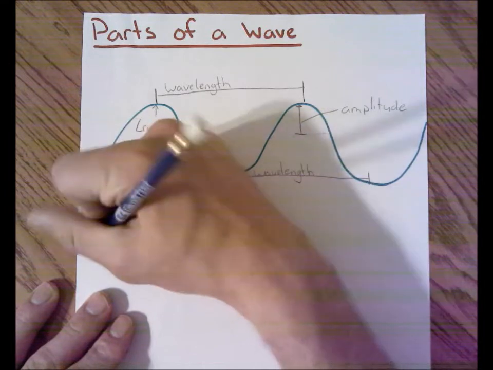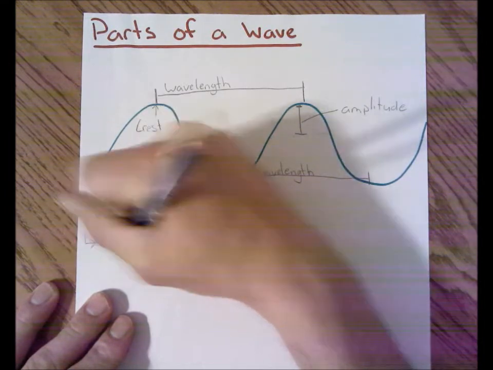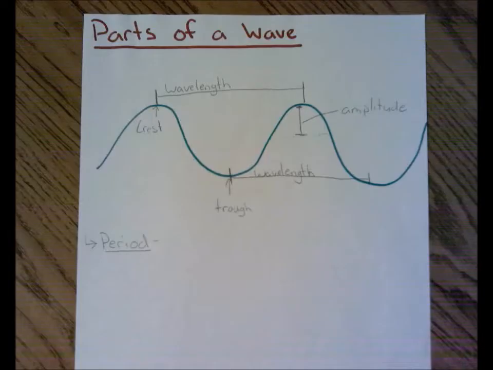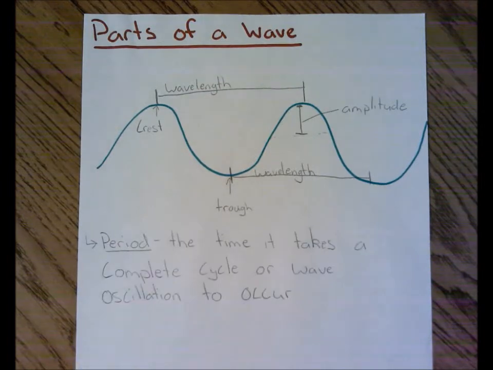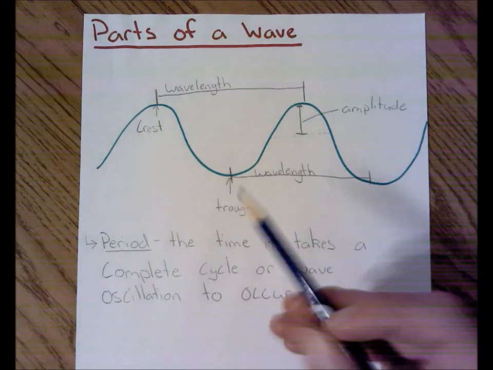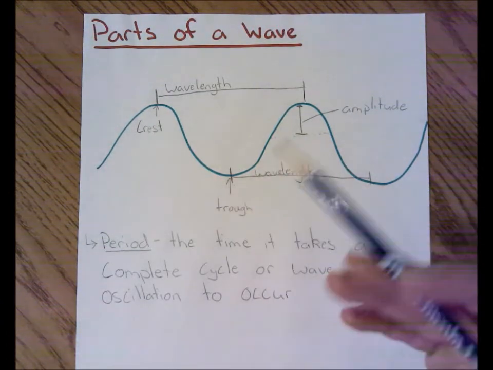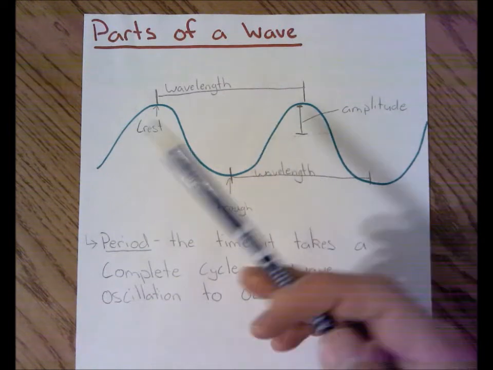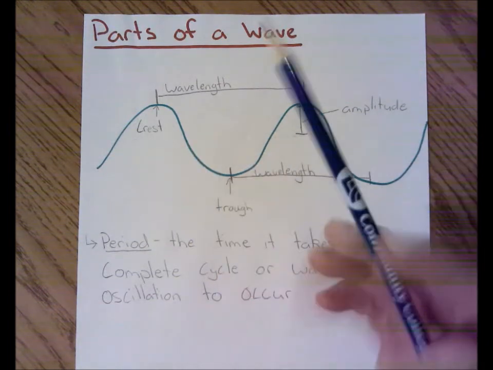And so the period of the wave is defined as the time that it takes for a complete cycle or wave oscillation to occur. So if I had a stopwatch and immediately when one crest went by, I started that stopwatch and then I stopped the stopwatch at the same point where I started, that would be the period.